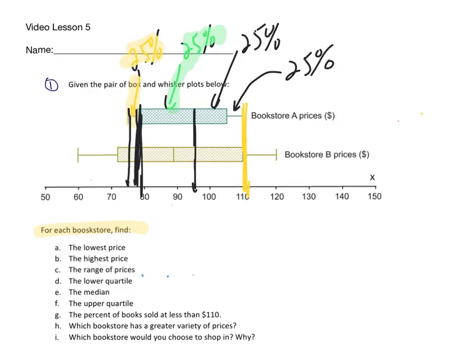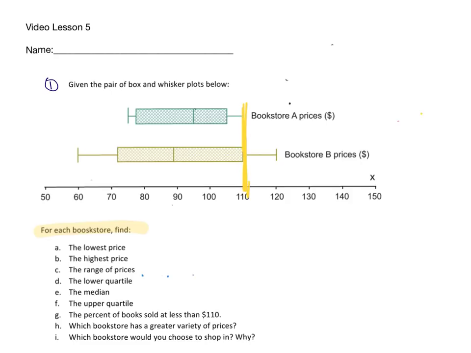But just remember, for box and whisker plots, the data is broken up into quarters. So for bookstore A, the percent of books sold at less than 110, I'm going to say is 100%. Why? Because 110 is the maximum value, and that means all of these books represent the entire data set.